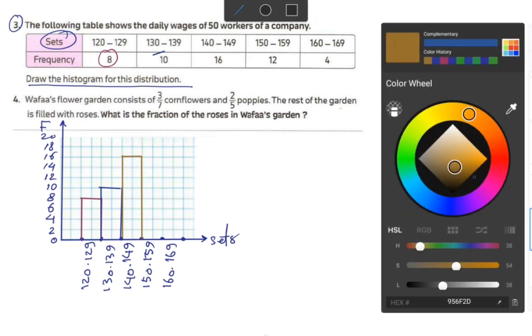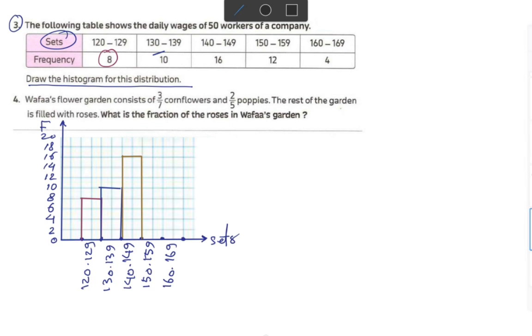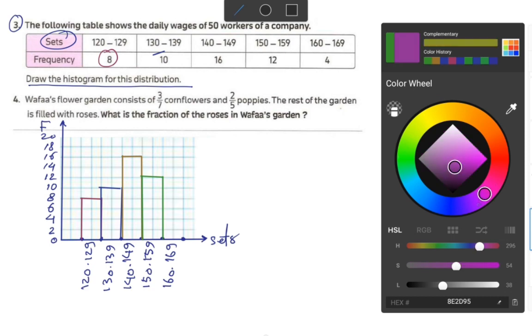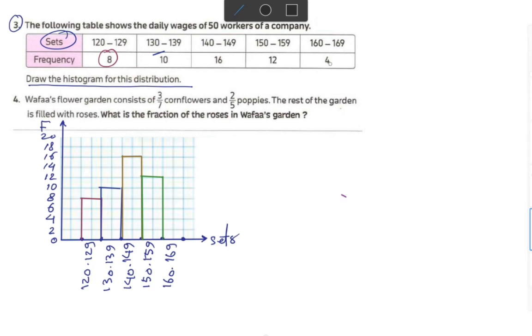Now the fourth interval has a frequency of 12. Where is 12? Here. We already have a line, and end this interval. The last interval has a frequency of 4.